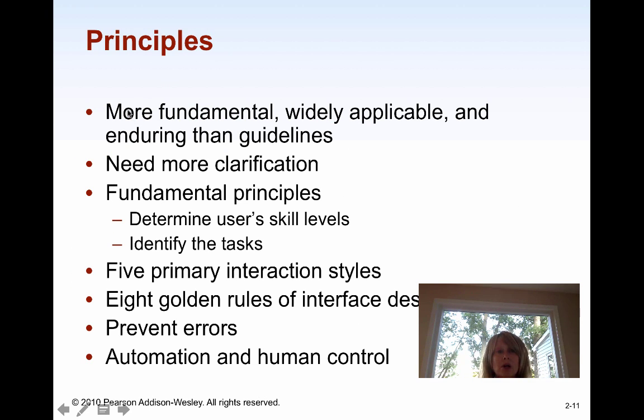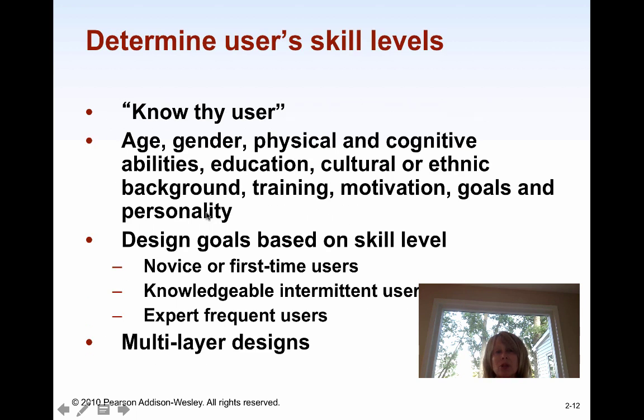So what are some of the principles? One of the things that we have to consider when we're looking at principles is user skills. What are the age, the gender, cognitive abilities, training? So for example, if you're designing an app for people between the ages of 10 and 14, these people are digital natives.